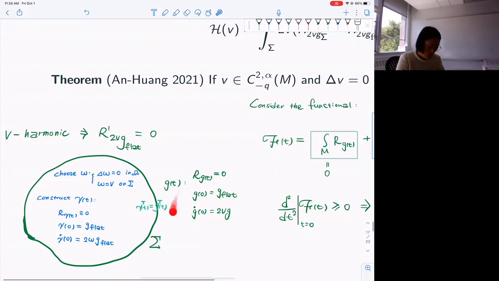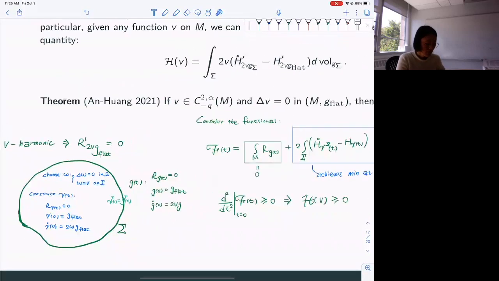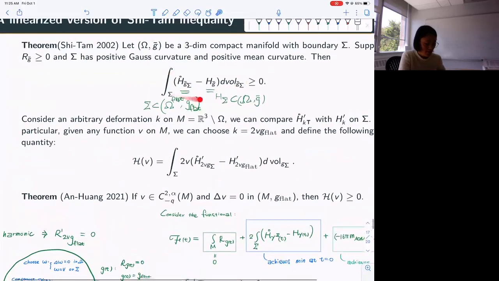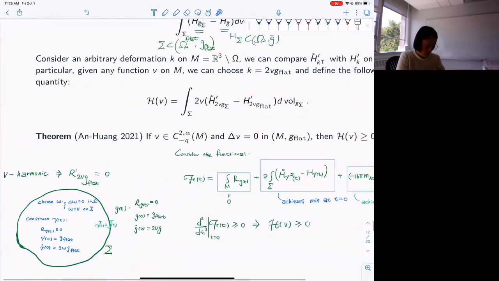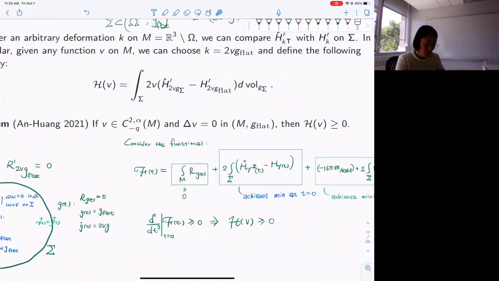Here we construct a family g which always has scalar curvature 0, starting from the flat metric and deforming along this scalar flat deformation 2v g. That is the exterior region. We also construct a corresponding family of metrics in the interior region, because eventually we want to apply this Shi-Tam inequality to the interior metric. Once we have those families, we consider this functional.